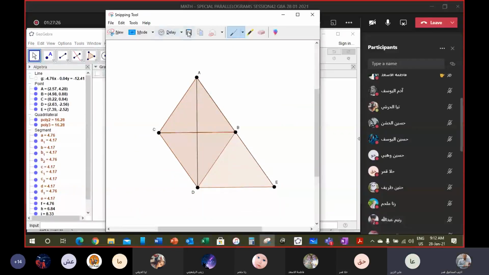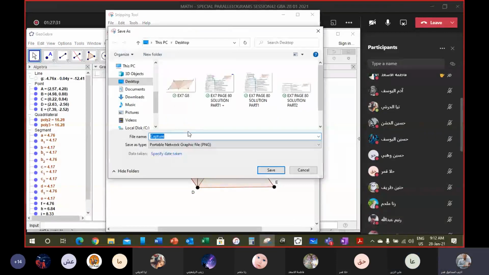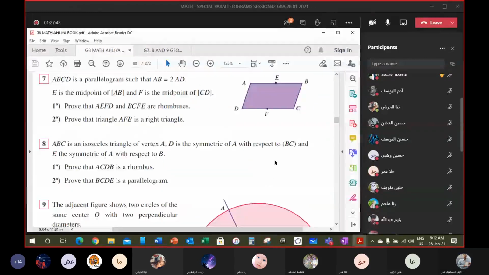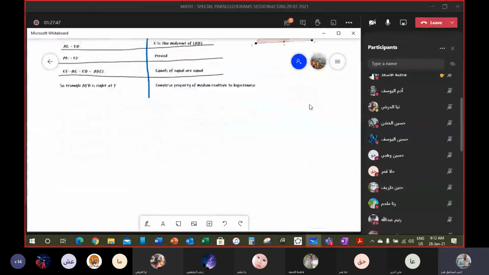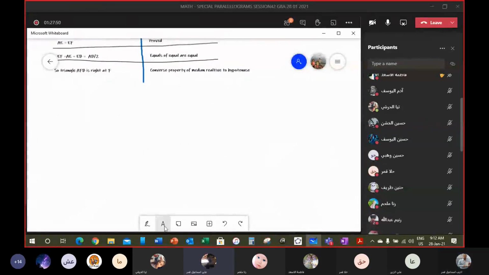تسمعينا؟ ايه عم نسمعك ايه. فإذا exercise 8 page 80. Now we start with exercise 8 page 80. استاذ مش باينه عندي الصوره. هلا بتبين. انا تمام.